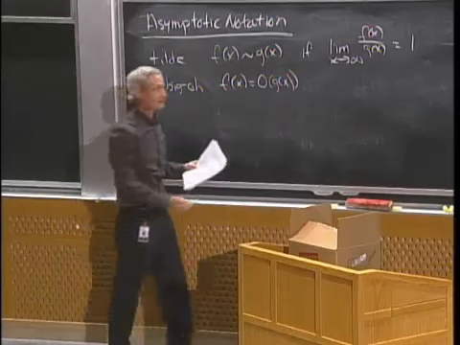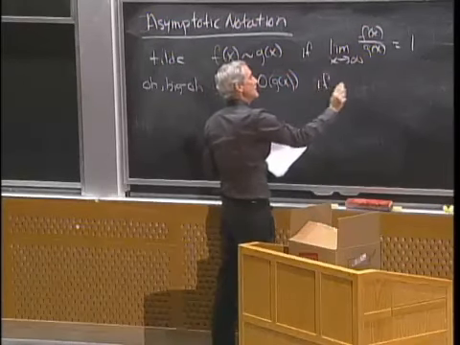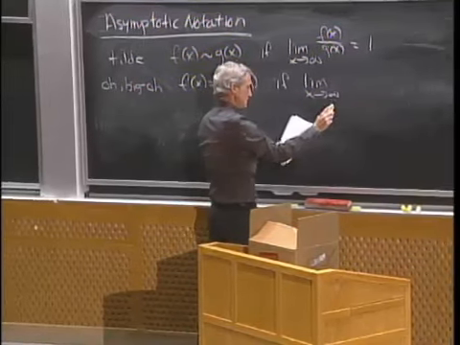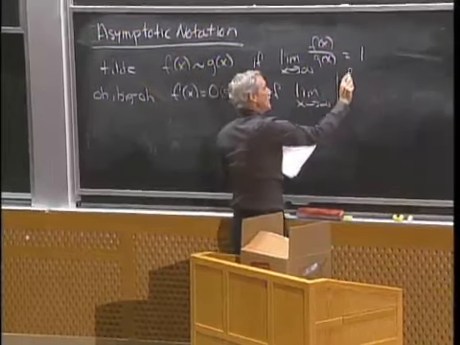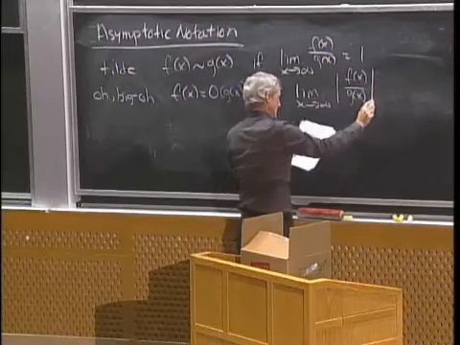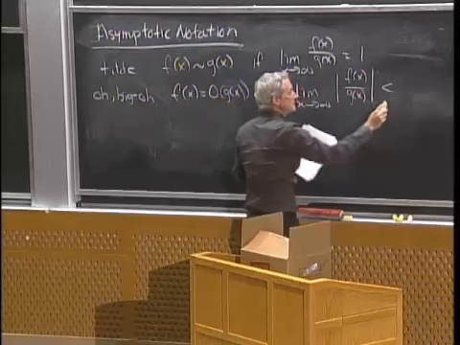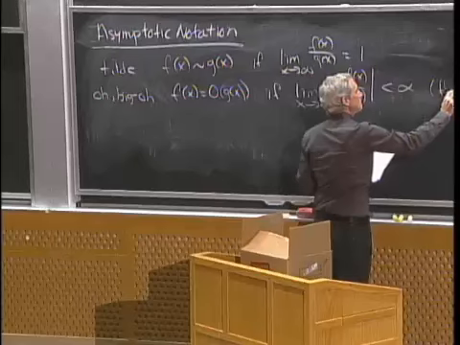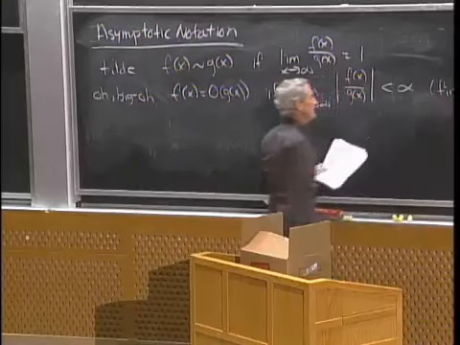And it means that the limit as x goes to infinity of the absolute value of f of x over g of x converges, is less than infinity. So it's finite. It can't diverge.